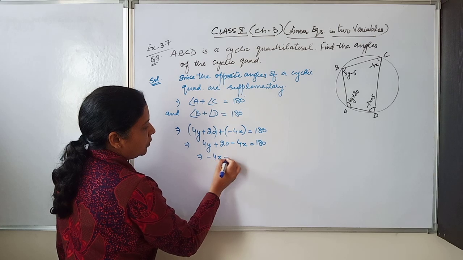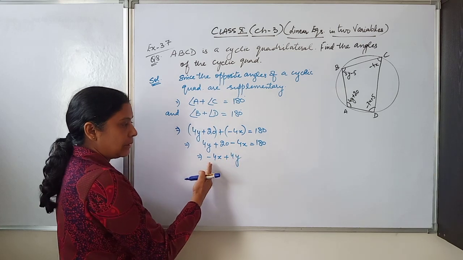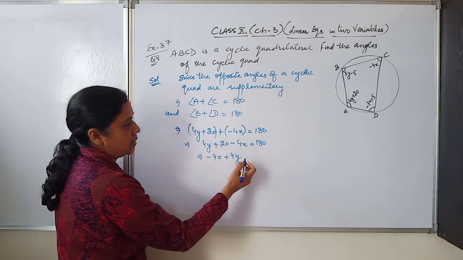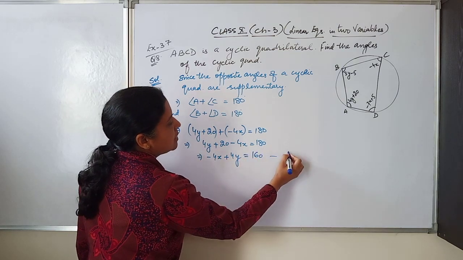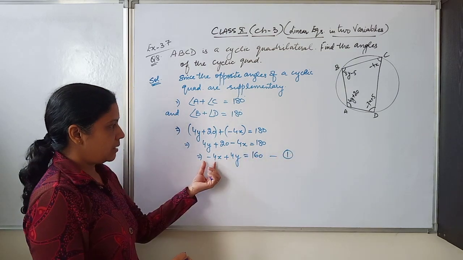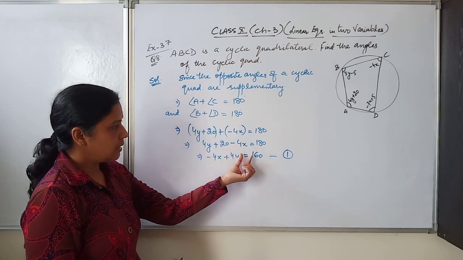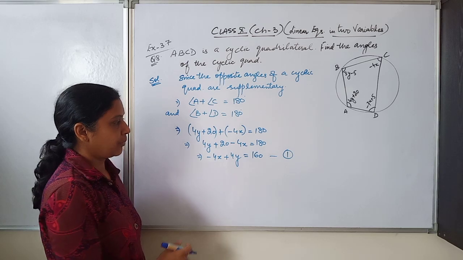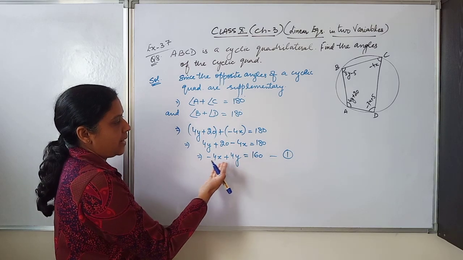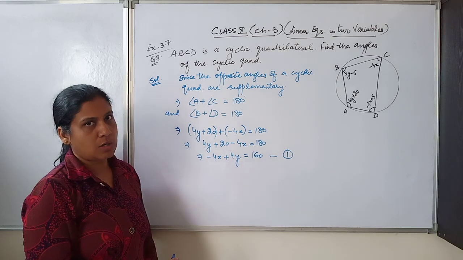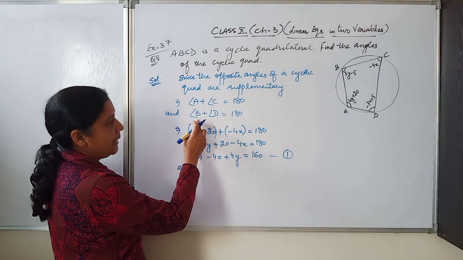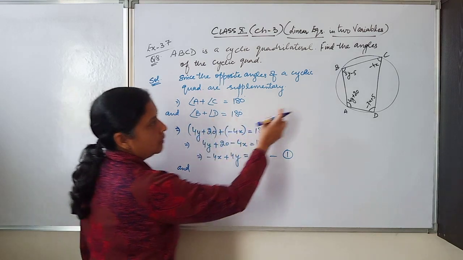As you all know, we always keep the term containing x first, then the term containing y, and then the constant term. So it can be simplified this way: minus 4x plus 4y is equal to 180 minus 20, which gives you 160. If you want, you can simplify by taking a common factor 4 out. It's totally up to you. Okay? And angle B plus angle D.